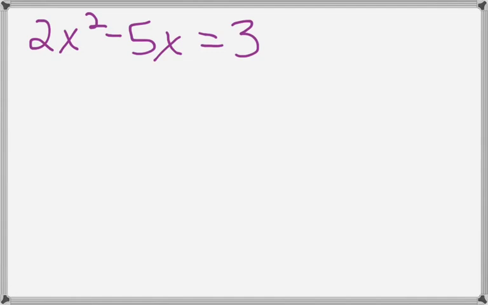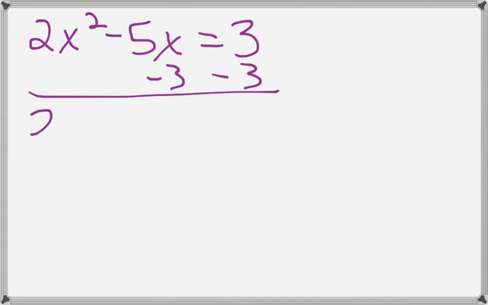Okay, so for example here, we could start factoring the left side, but that doesn't get us anywhere because we don't have a product property for the number 3. So first thing we want to do is subtract the 3 from both sides.